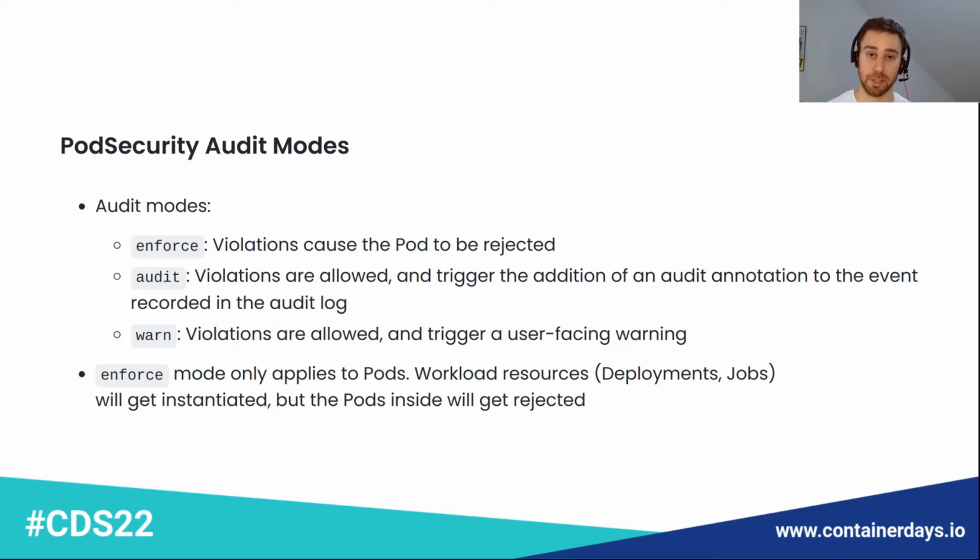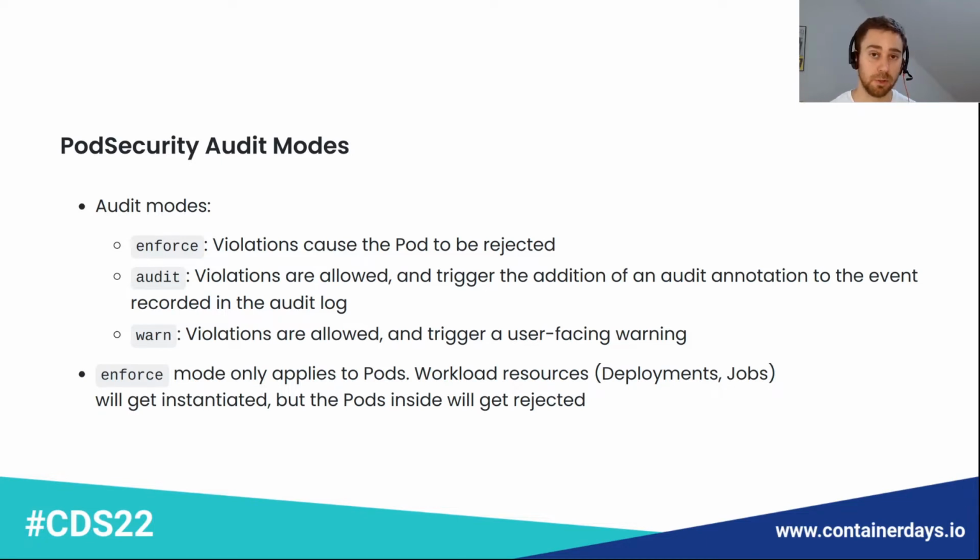They always allow things to happen. The only difference is that audit records things in the audit log of Kubernetes. It's just log events that go there. And then lastly, we have warn, which also allows things to happen and triggers a user-facing warning.